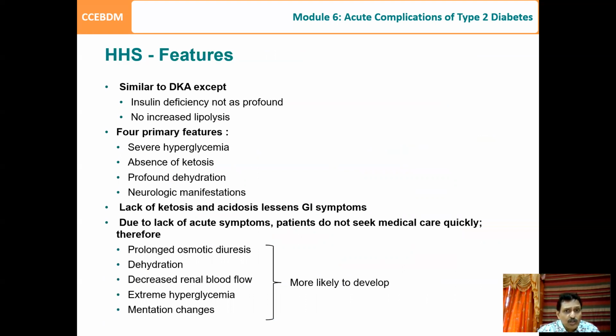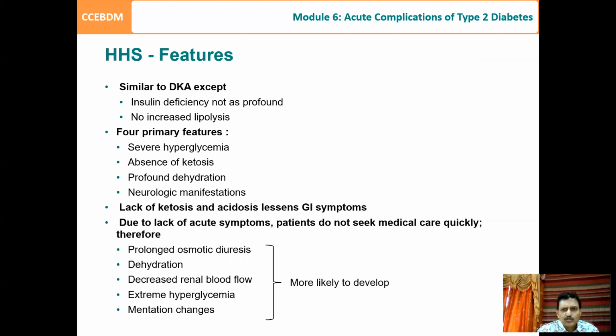There is profound dehydration, and the most important presentation is a neurologic manifestation. Lack of ketosis and acidosis is associated with no or minimal GI symptoms, because GI symptoms develop because of acidosis. So as there is no acidosis, there is no GI symptom or very little, if at all.